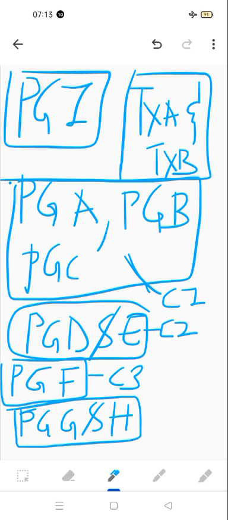Prostaglandin I is also referred to as prostacyclin. And then we'll talk about the thromboxanes, thromboxane A and thromboxane B.